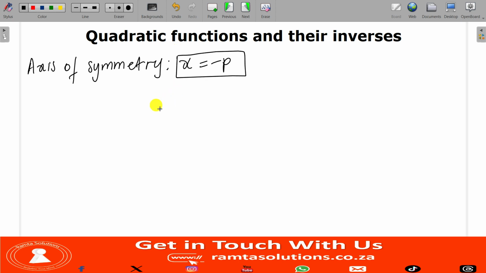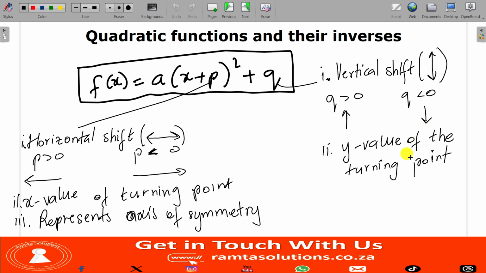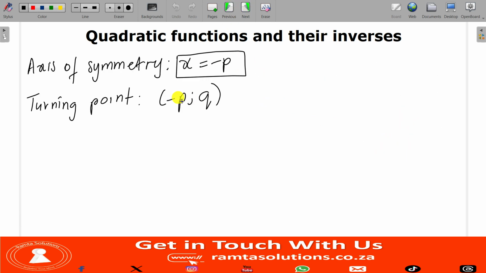Now, the turning point will be the axis of symmetry, which is negative p, and the q value. Remember, I said q is the y value of the turning point.